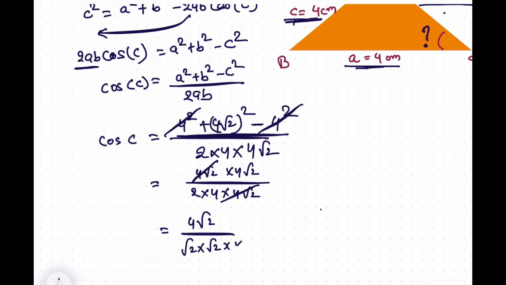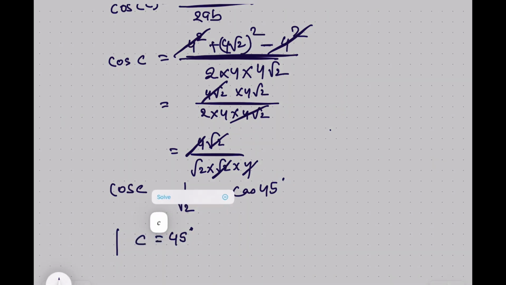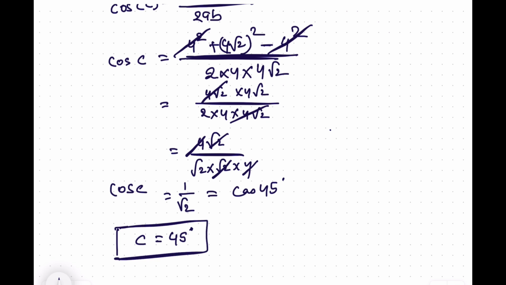And times 4. So 4 root 2 cancels. Remaining is 1 over root 2, which is cos C. Now you can compare: the value 1 over root 2 is for cos 45 degrees, right? So we can say the angle C is 45 degrees. Like that we can find it. We can even find other angles using the calculator.